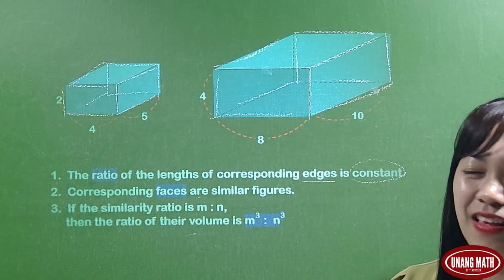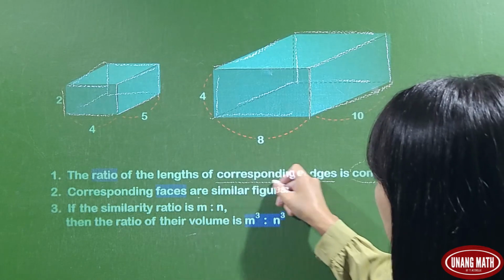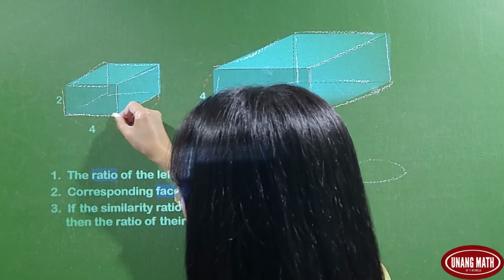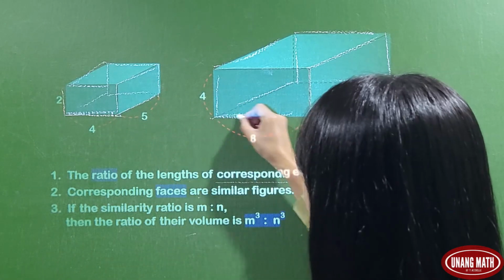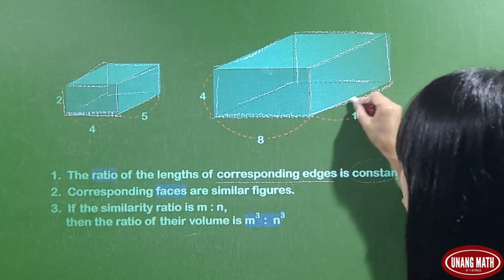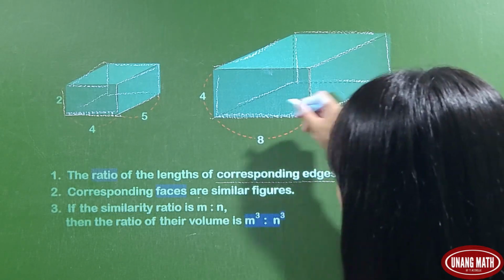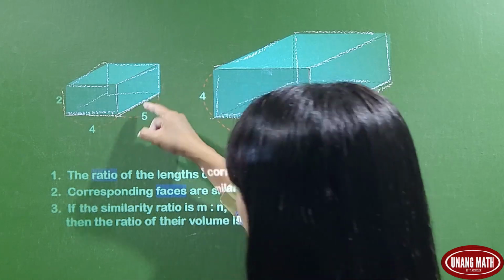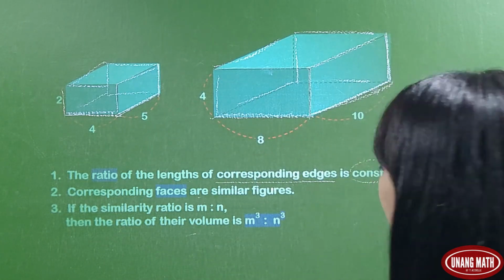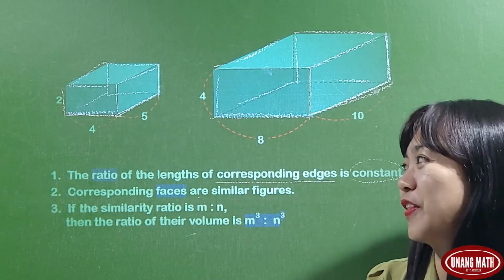Corresponding edges. What do we mean when we say corresponding edges? This edge corresponds to this edge. This edge corresponds to this edge in this figure. This edge corresponds to this edge, and so on.